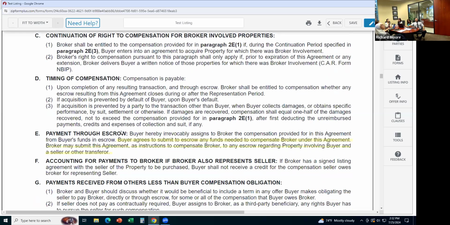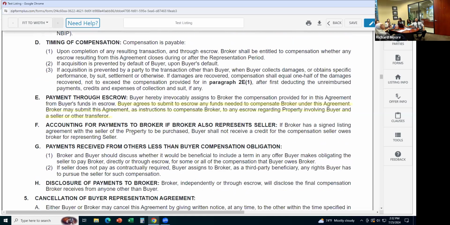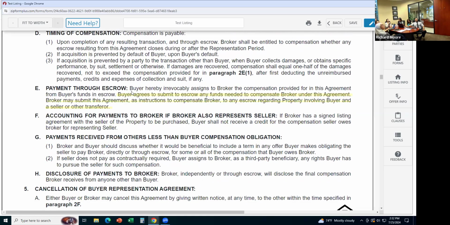So let's go down here to payment through escrow. You're going to make sure your buyer knows that payment through escrow, buyer hereby irrevocably assigns to broker the compensation provided for in this agreement from buyer's funds in escrow. Buyer agrees to submit to escrow any funds needed to compensate broker under this agreement.